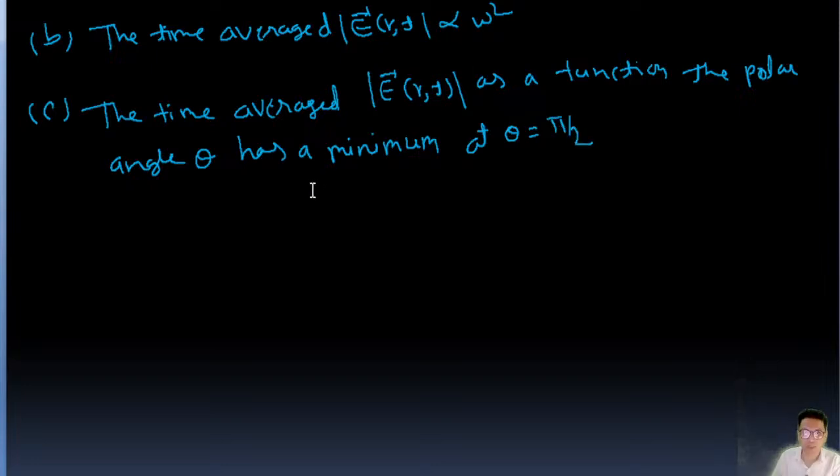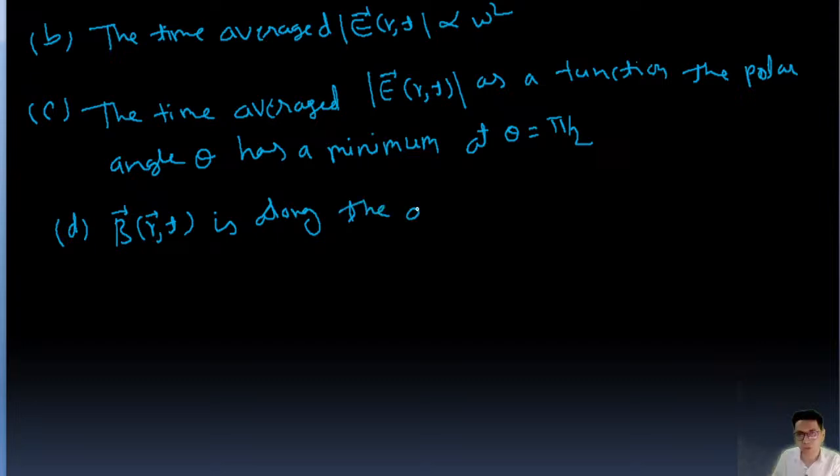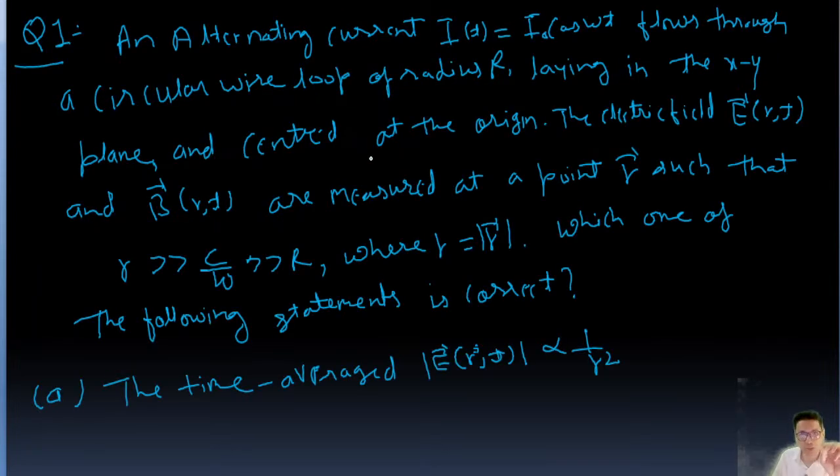This is the option third. And option fourth, that is option D, is along the azimuthal direction. Okay, along the azimuthal and centered at origin, which is centered at origin, that circular loop.